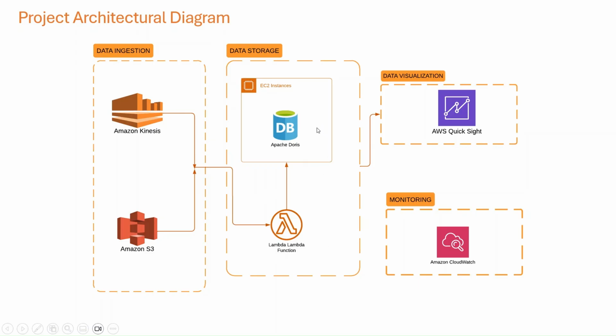Once Apache Doris has all the user activity data, we'll use a data visualization tool, Power BI. We would not be using AWS QuickSight. We would be using Power BI in this project further.